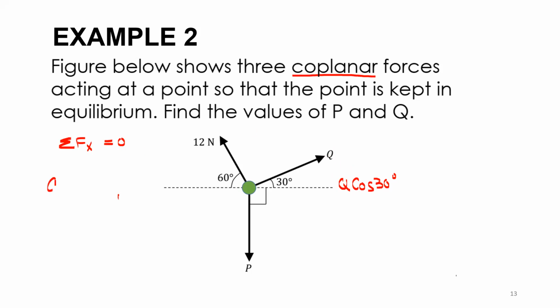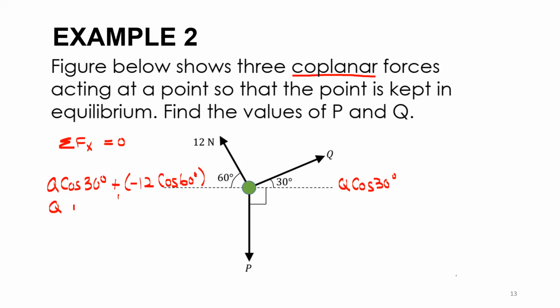So I have Q cos 30 degrees plus, if I resolve 12, that's going to act to the left, which is negative. So I will put it as minus 12 cos 60 degrees.